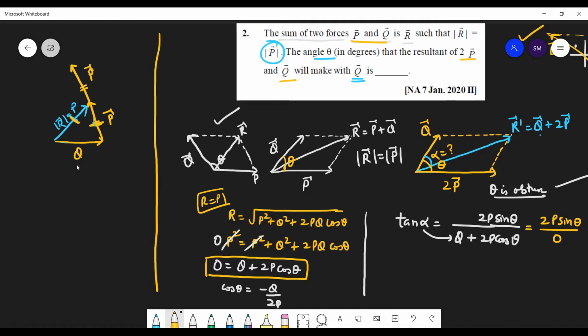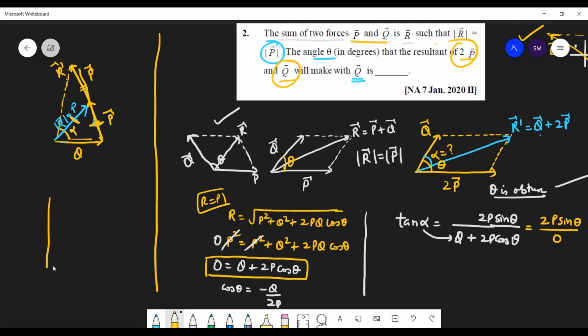Let us join this. That's our final resultant R dash, which is Q plus 2P, right? And we have to find what this 2P is making with Q. So this angle we are interested in.